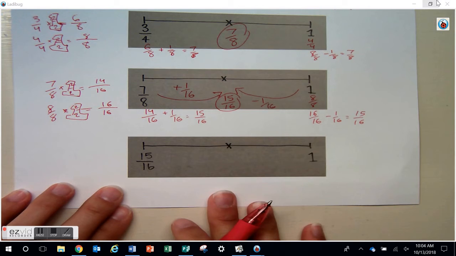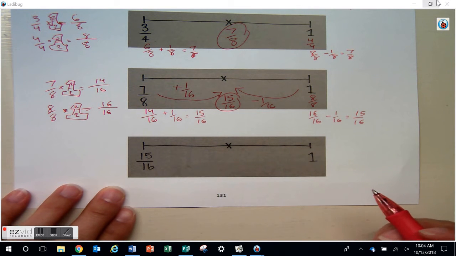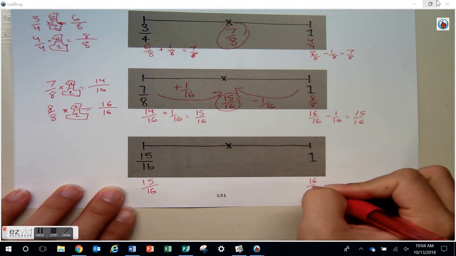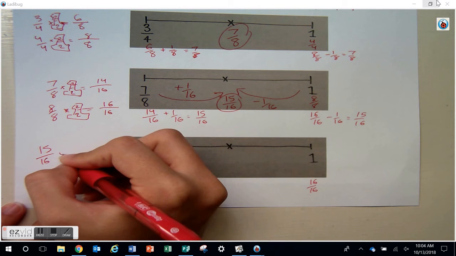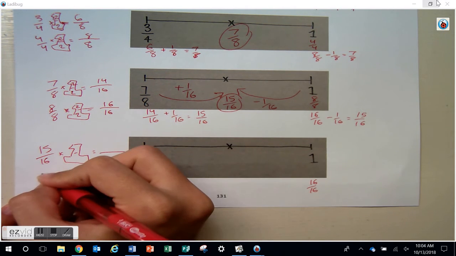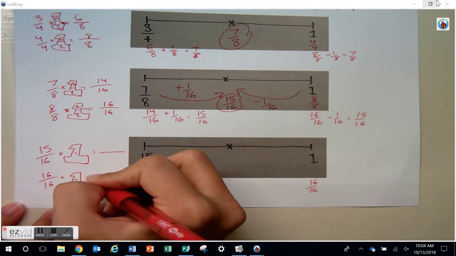Here we have 15 sixteenths. Here we have 16 sixteenths. What is in between? Well, let's go ahead and multiply by 2. We'd get 30 over 32.